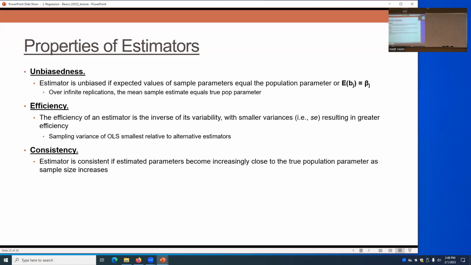So those are different ways of thinking about the methods we're using to get these statistics: unbiasedness, efficiency, and consistency. Unbiasedness is probably the most important one. But we also want to think about efficiency, how much this jumps around, and consistency, whether a bigger, better sample gets us closer and closer. In psychological science, we tend to just use OLS estimation.